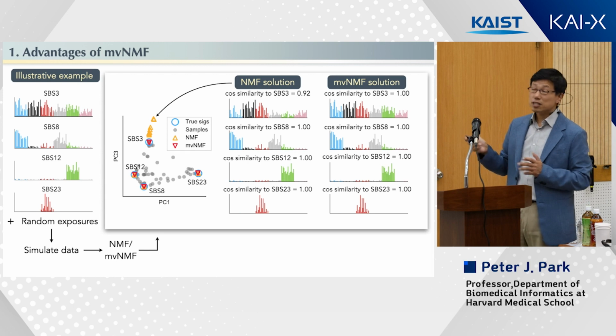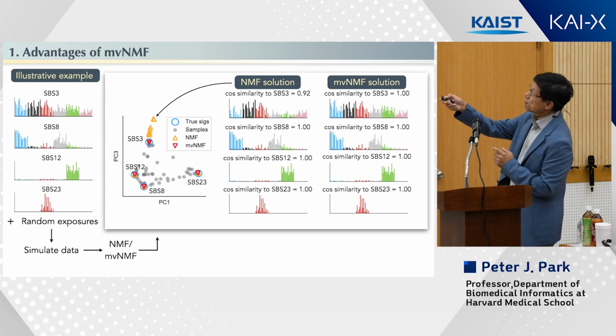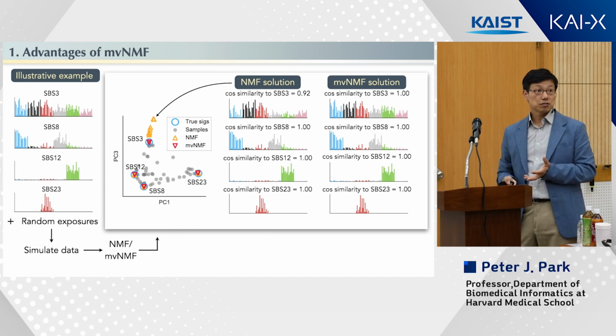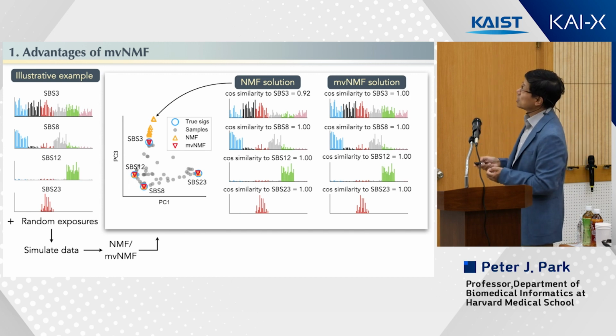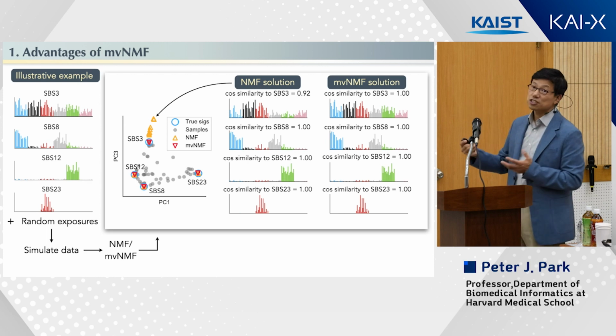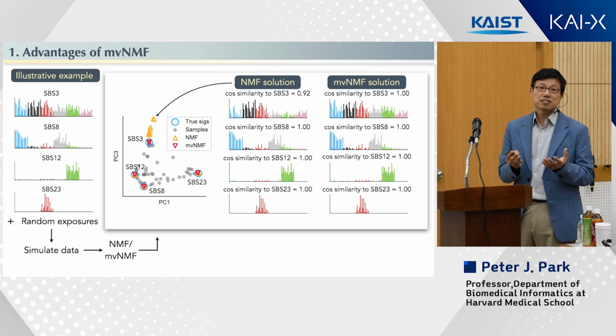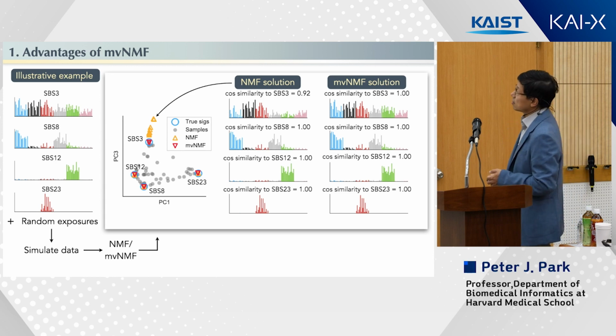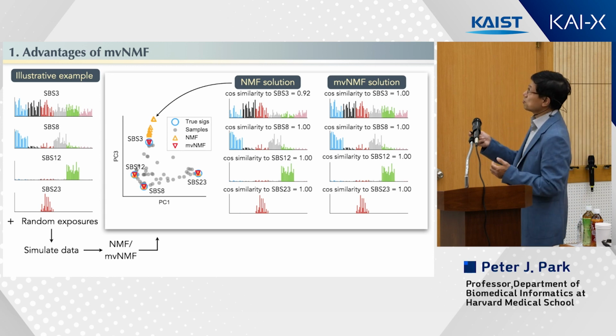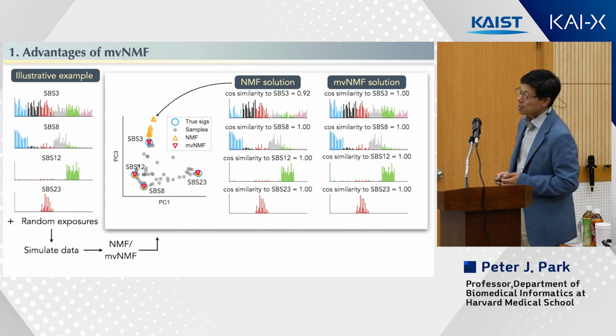Because mathematically, I'm trying to figure out from this what the combination of the original signatures is. And so sometimes these things just sneak in, just because the data are not perfect. Anyway, we have some new algorithm that can fix this sort of problem.